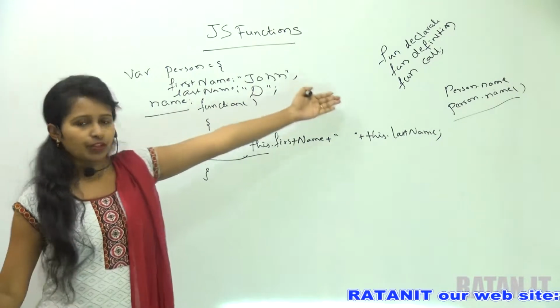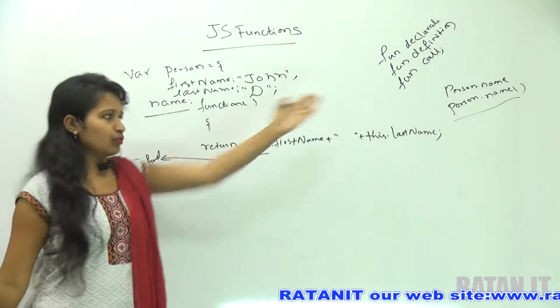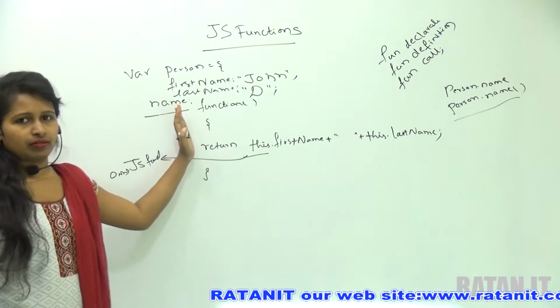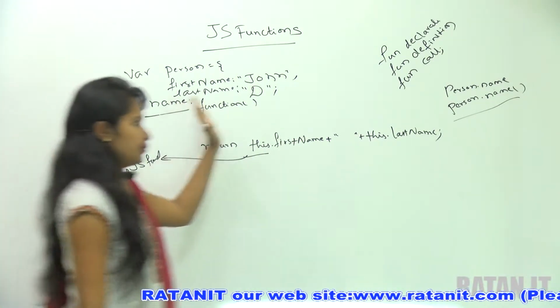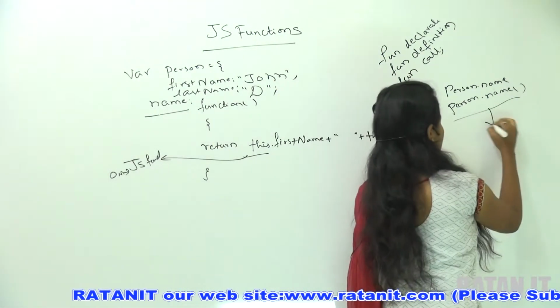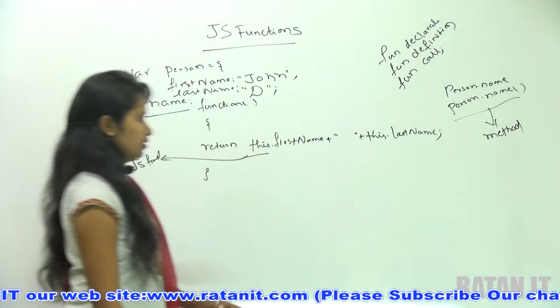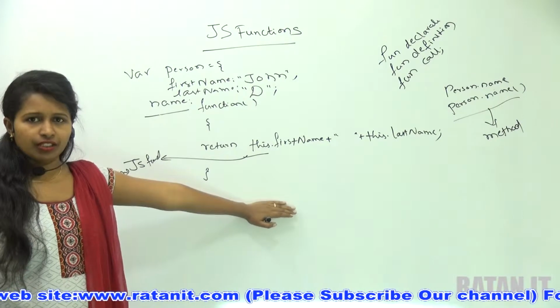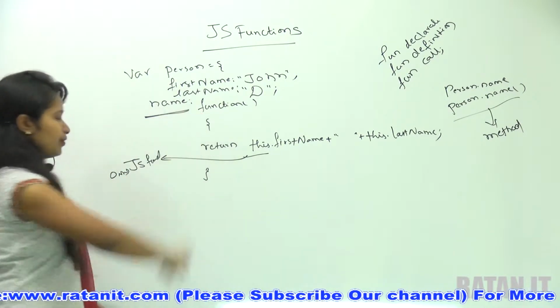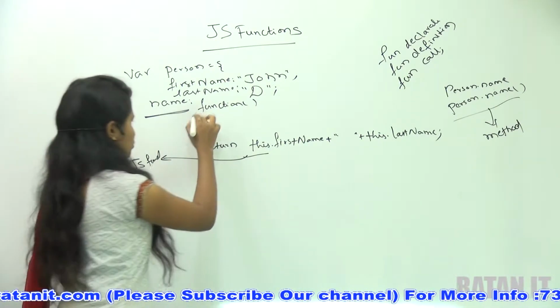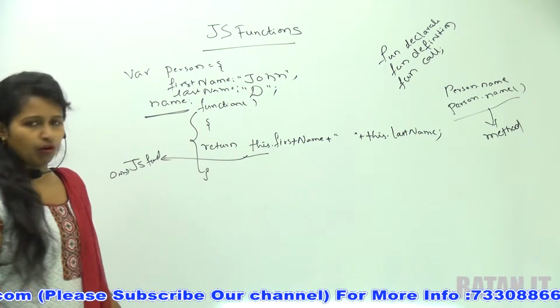If I retrieve person.name, it is going to act as a property. Person.name(), it is going to act as a method. So here I declare my function with the name and I define it with the block symbol.